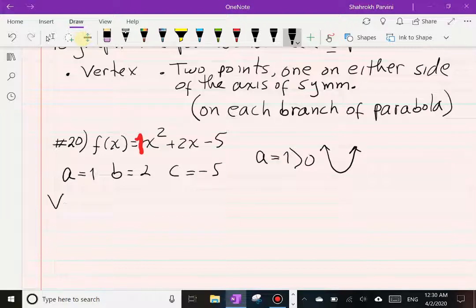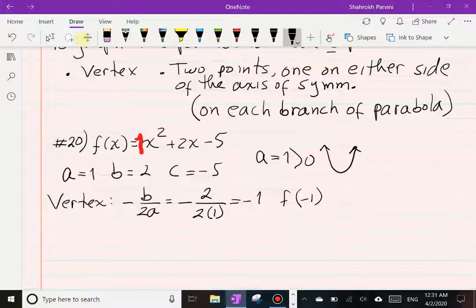So towards those 3 points, first I'm going to find the coordinates of the vertex. So I'm going to do negative b over 2a, and that's going to be negative 2 divided by 2 times 1, and that would be a negative 1. In order to find the y component of the vertex, now I need to do f at negative 1.